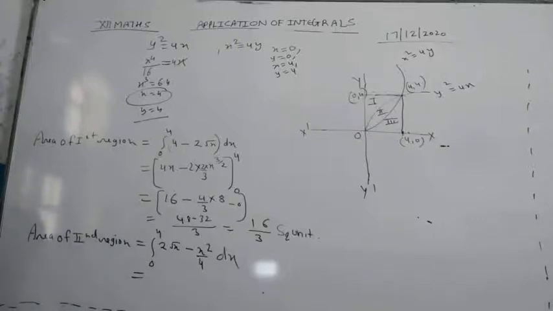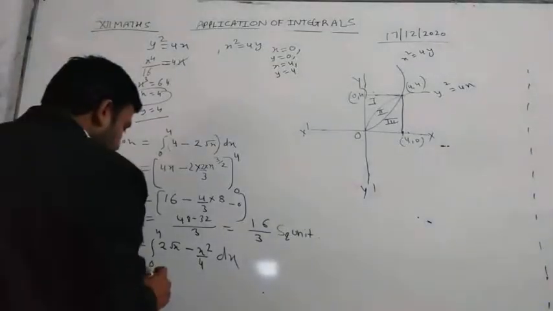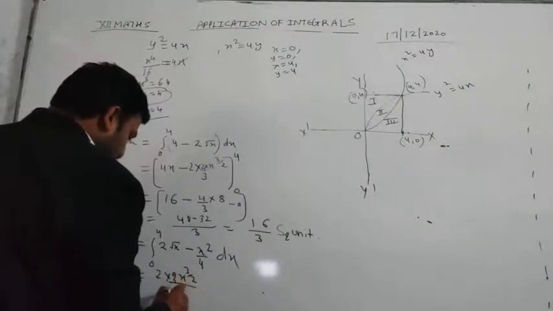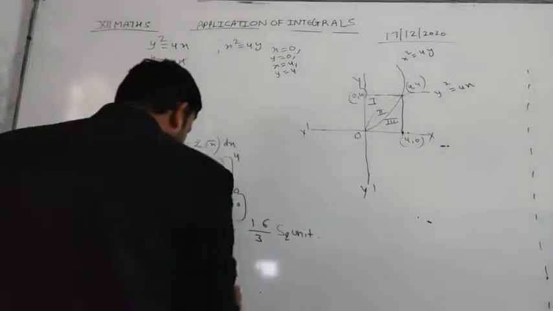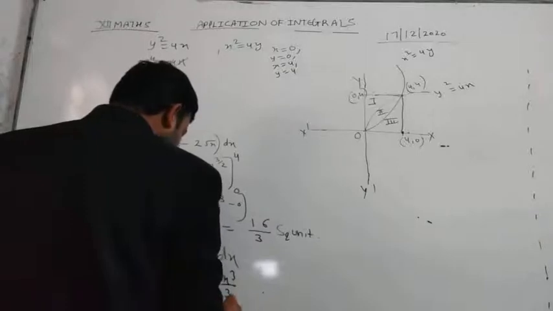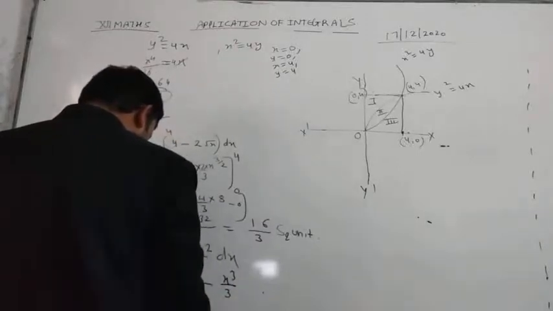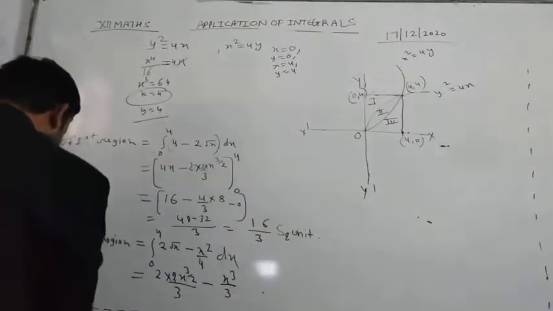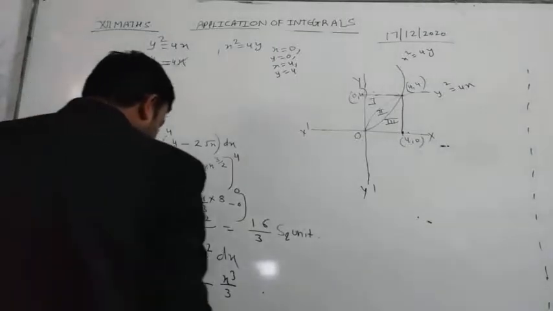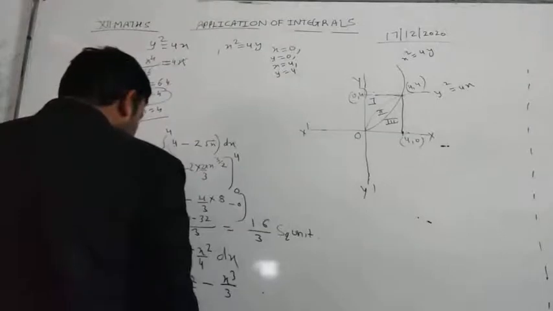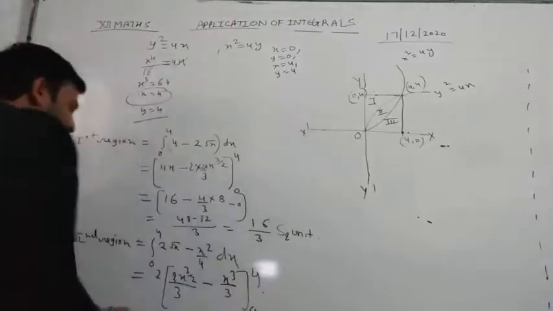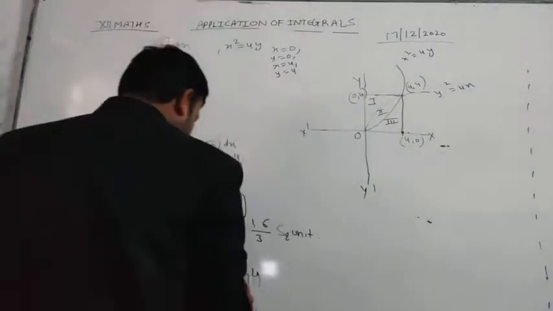So it will be what? Now we will integrate this, so we get 2 x to the power 3 by 2 into 2 by 3 minus x cube by 3, and this is from 0 to 4, and this term is into 1 by 4.